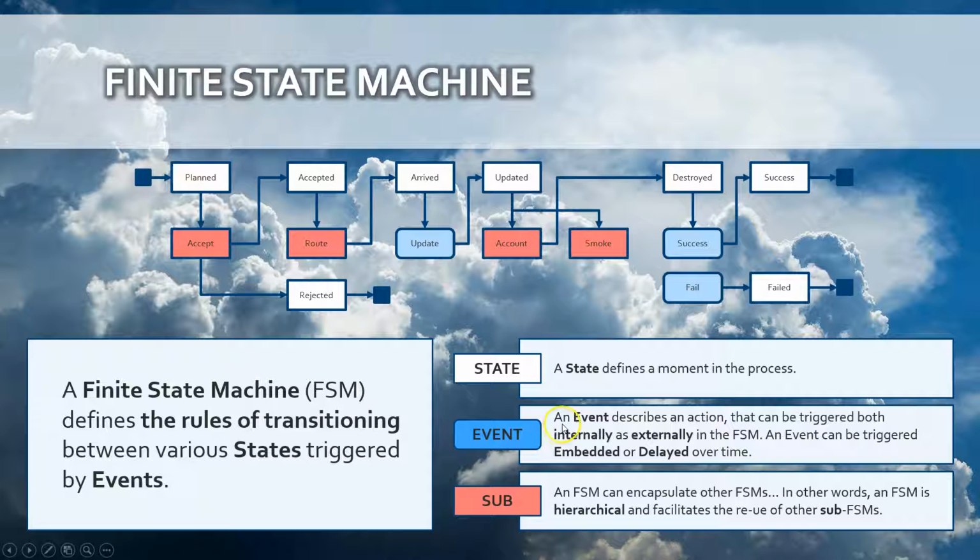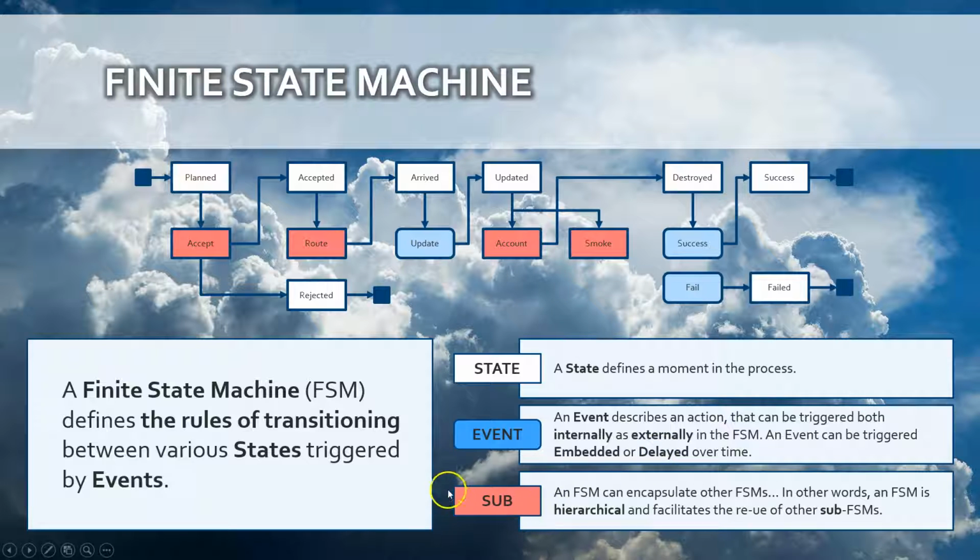The blue boxes are events describing an action, and that action can be triggered within the process both internally as well as externally, and I'll come back to that later. Because an event represents a transition, this event can be triggered or embedded within the state machine or delayed over time.